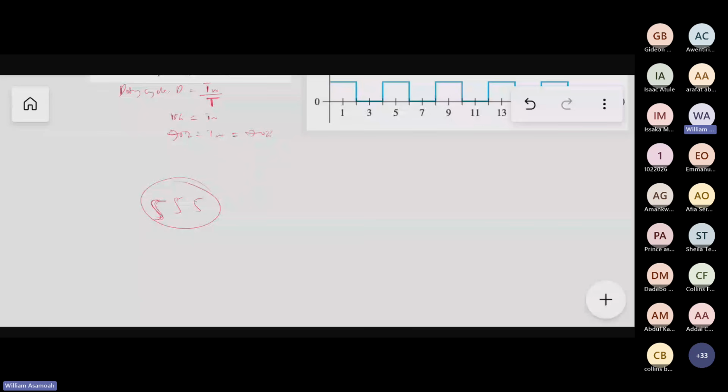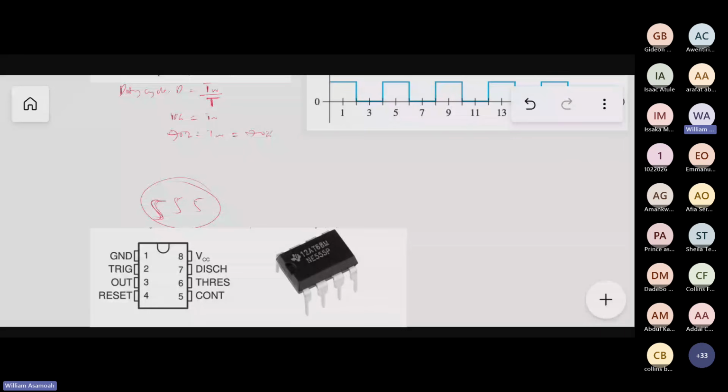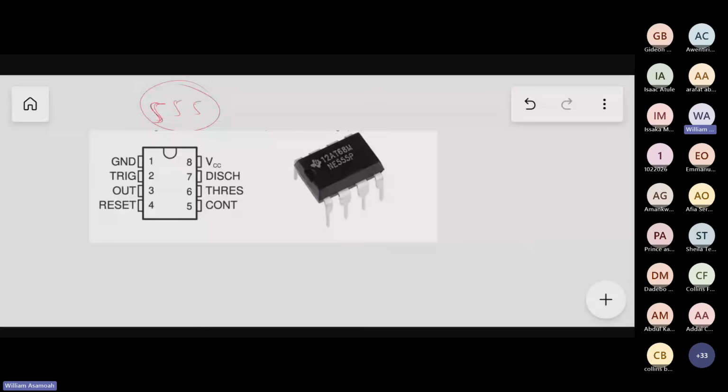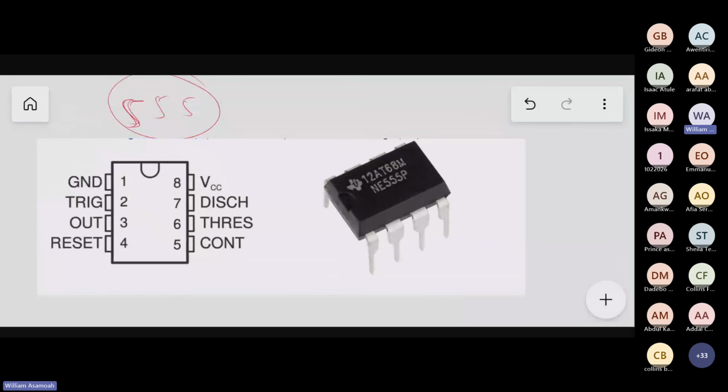All the practical things you'll be building, you'll be using 555 timers in it, because it is used everywhere in the industry. So it looks like this.